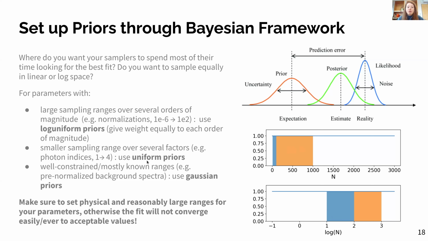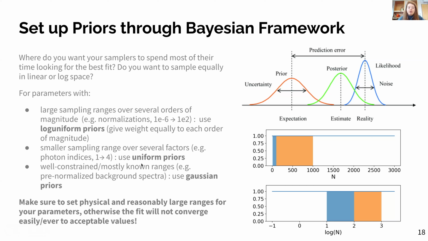Alternatively, if we only have a parameter that goes from around a few factors, so for example, the photon index, so how the power law changes in slope, we can use uniform priors in this case.